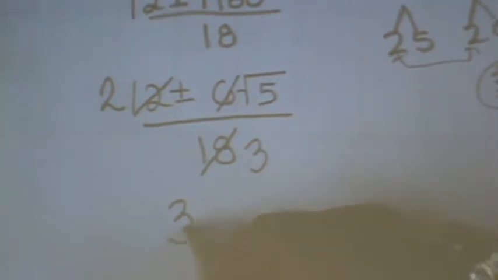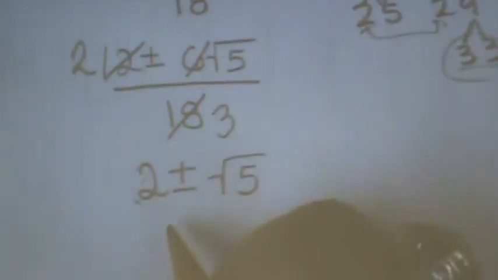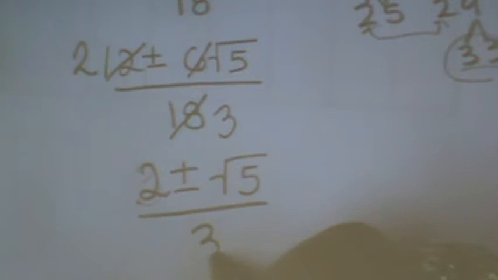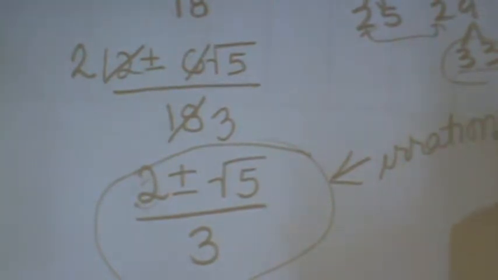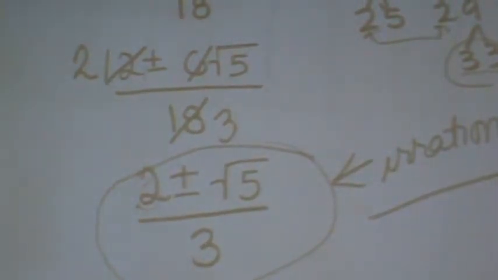So your answer is 2 plus or minus the square root of 5 over 3. So guess what these two answers are? These are irrational, but they still are real. These are real zeros. Now, obviously, I didn't give you a lot of room to write that, but write what you need to.